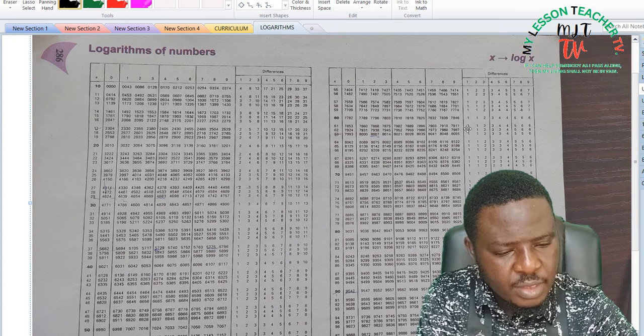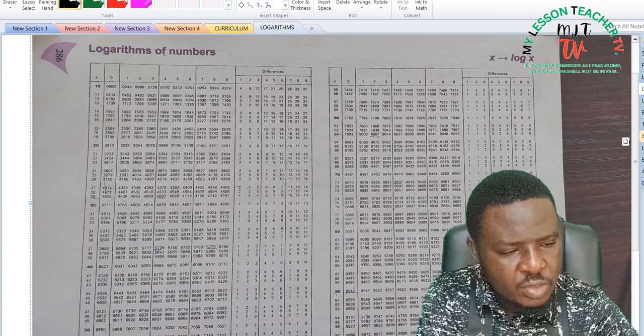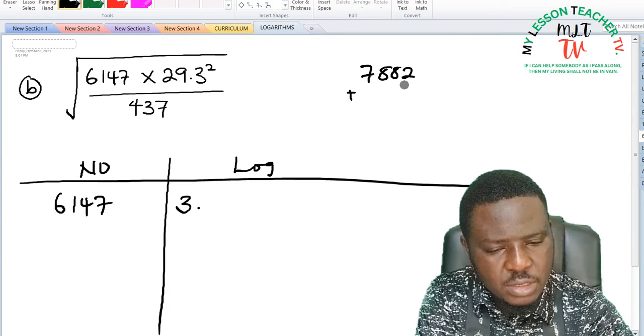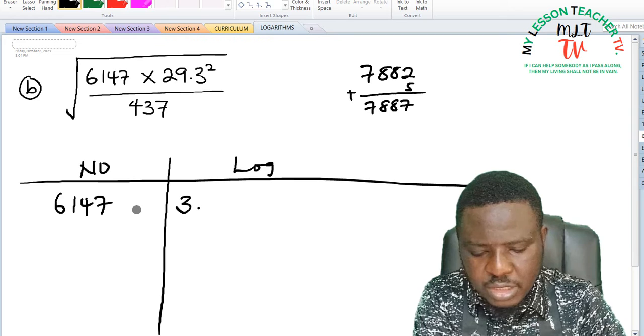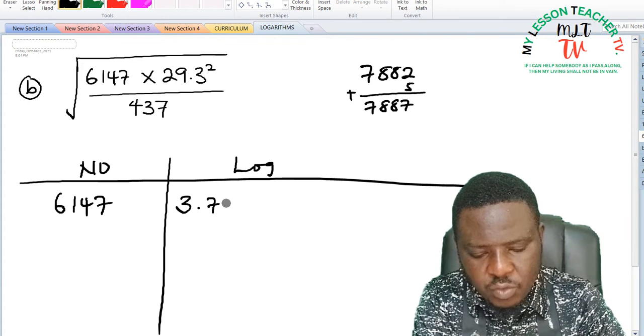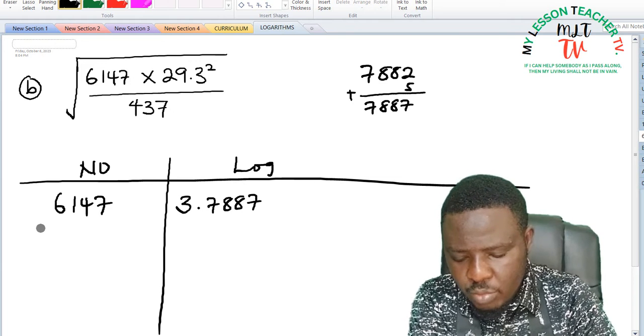Trace it. Difference 7 is 5. So I'll add 5 to it. And this gives me 7887. So this is going to be 3.7887.